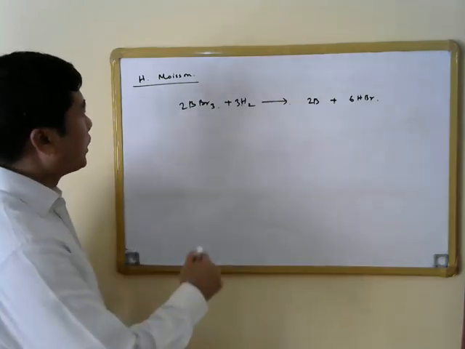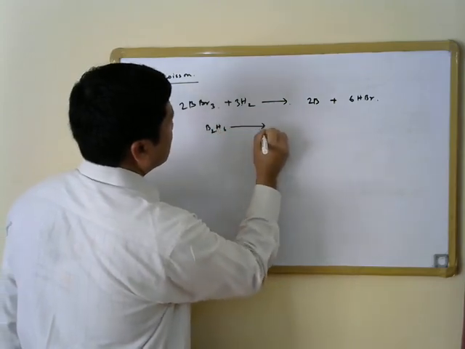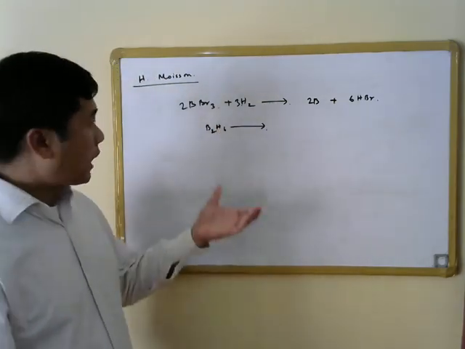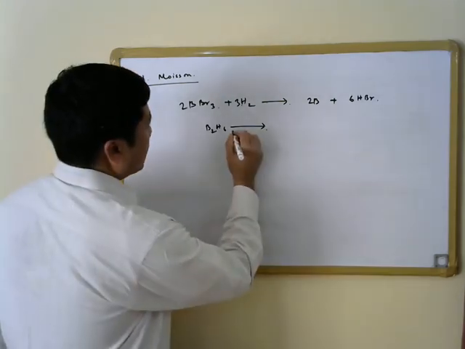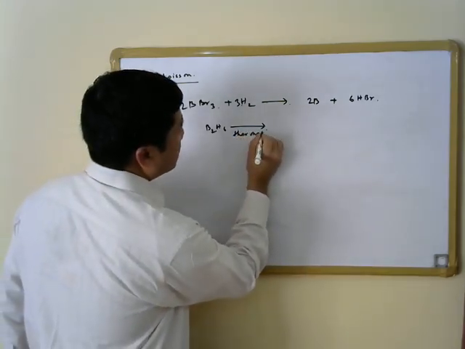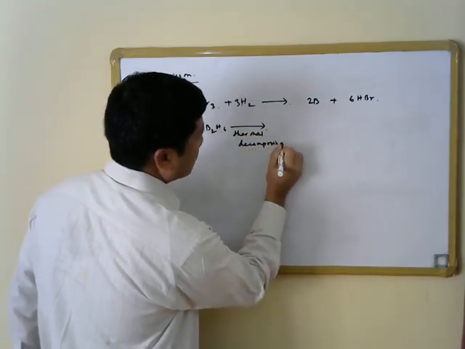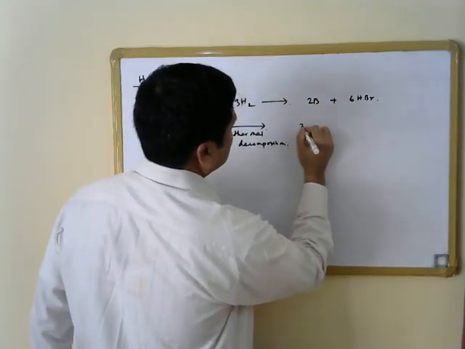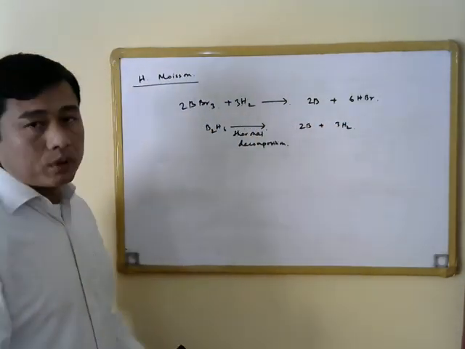Another method of preparation of high purity elemental boron is to start with boron hydrides, that is B2H6, and then thermal decomposition of these boron hydrides will give us highly pure elemental boron.